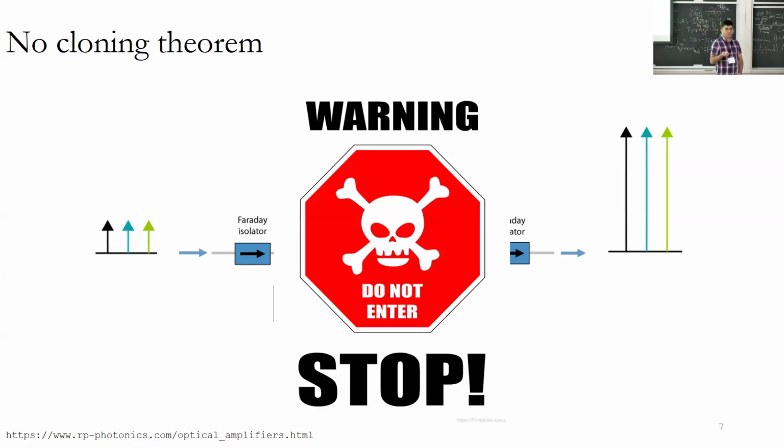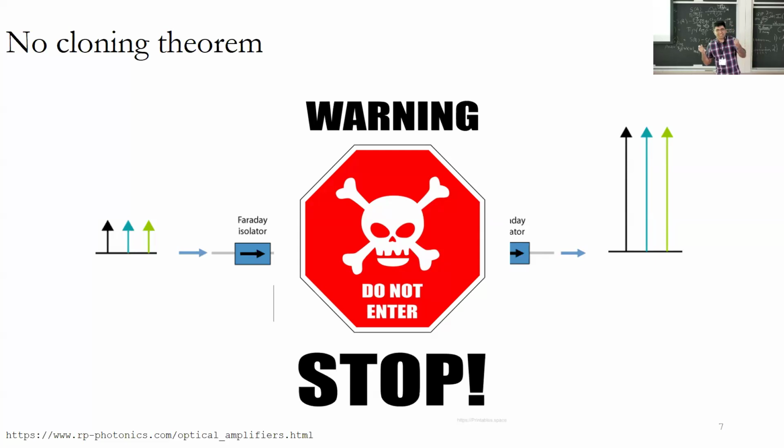It is forbidden by the laws of quantum physics, what we know as the no-cloning theorem, which says that you cannot clone an unknown quantum state perfectly. And perfectly means with high fidelity and deterministically. So there are two things, fidelity and determinism, and you have to go for one of them.